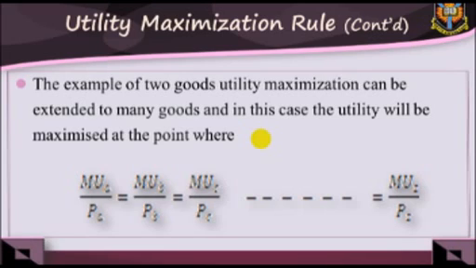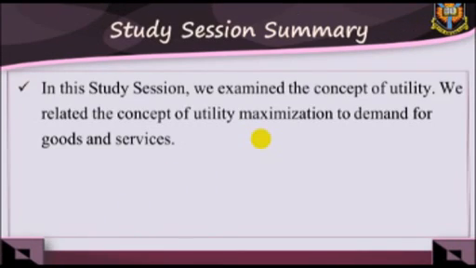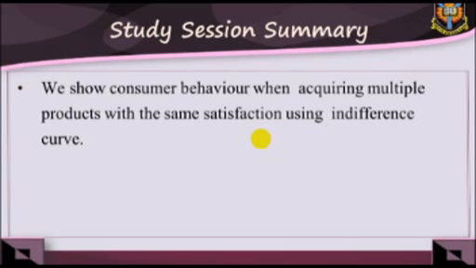Summary. In this study session, we examined the concept of utility. We related the concept of utility maximization to demand for goods and services. We showed consumer behavior when acquiring multiple products with the same satisfaction using the indifference curve.